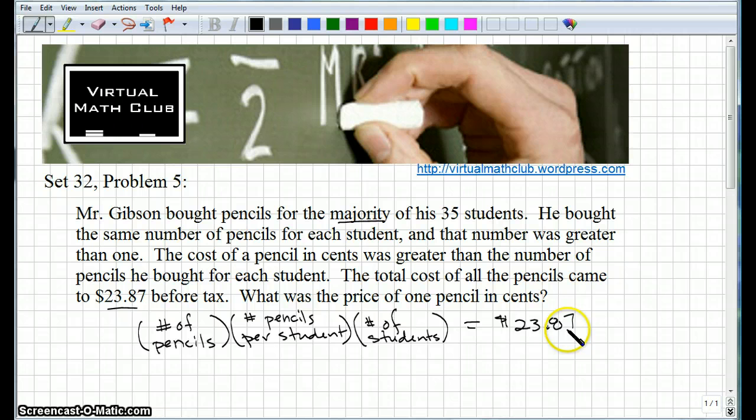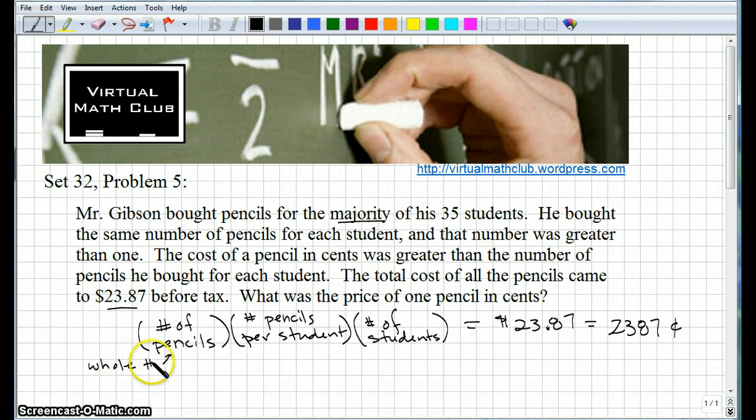Well, the key to this problem is to recognize that, first of all, $23.87 is just 2,387 cents. We could write it that way because it's a nice whole number instead of this decimal. We also know that the number of pencils he bought is a whole number, because nobody's going to sell him half a pencil.